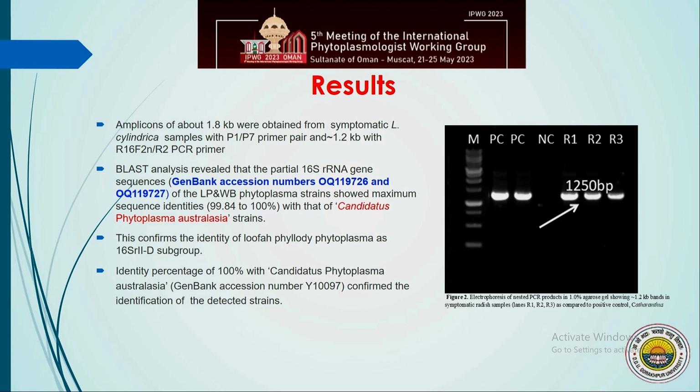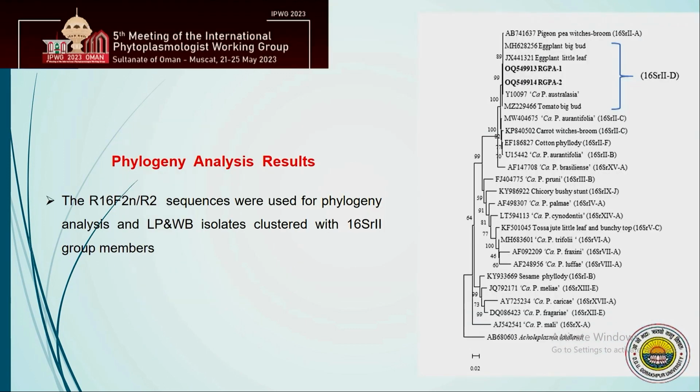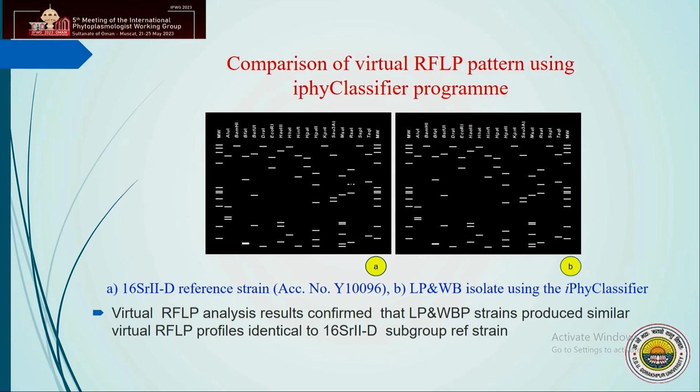We also attempted phylogeny. This again confirmed that our particular Luffa strain belongs to 16SR II, clustered with earlier reported 16SR II-D group strains. Again, we confirmed with the virtual classifier, and this confirmed that our particular strain belongs to the 16SR II-D group.